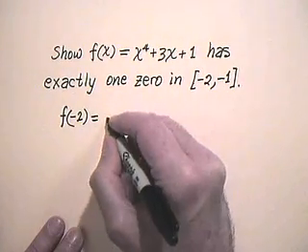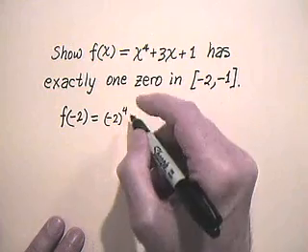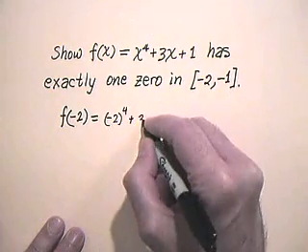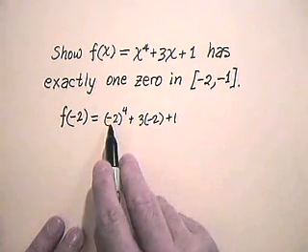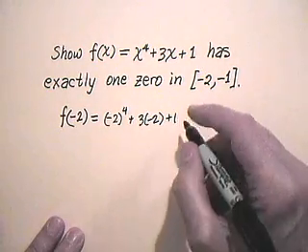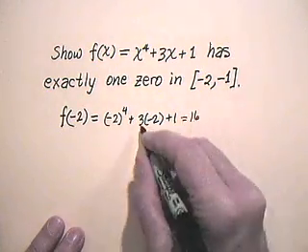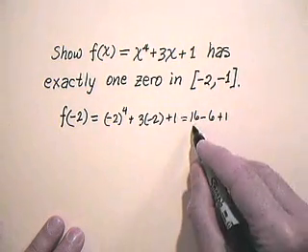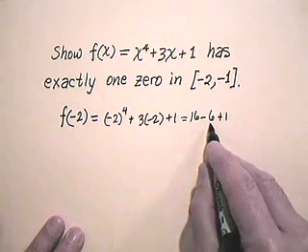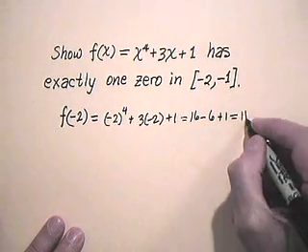Well, we have -2 to the fourth power plus 3 times -2 plus 1. And -2 to the fourth power would be 16. 3 times -2 is -6 plus 1. So we have 16 minus 6 is 10 plus 1 is 11.